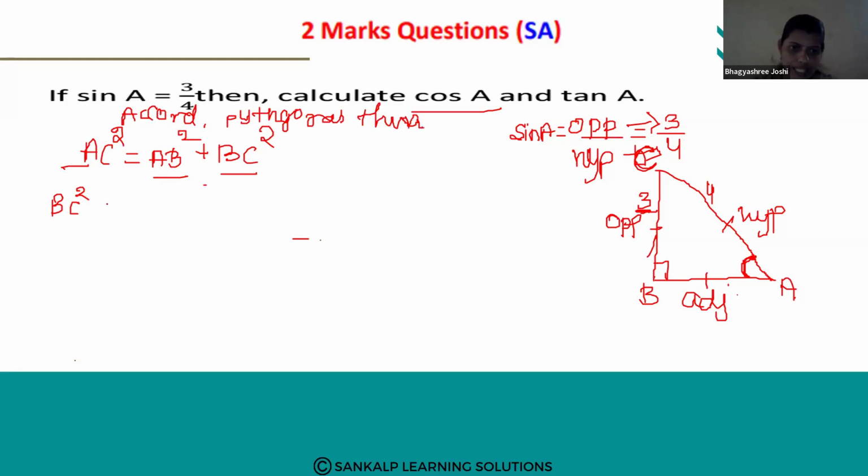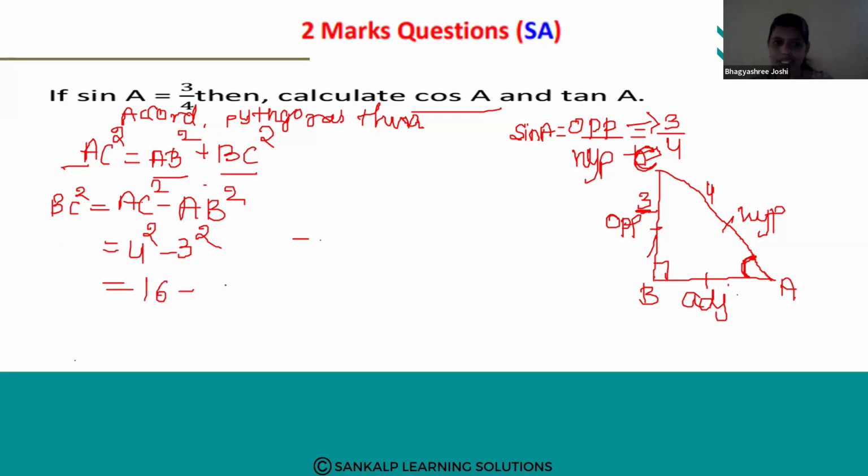We know the value of AC, and we know one other side, but we don't know the remaining one. So transfer this square to this side: the unknown side square is equal to AC square minus the known side square. AC square means the hypotenuse, that is 4 square, which is 16, minus 3 square, which is 9.